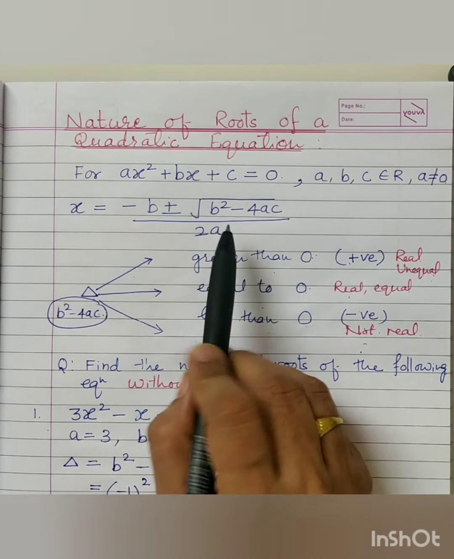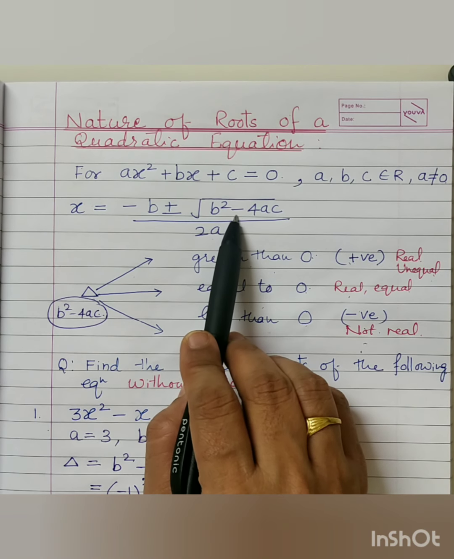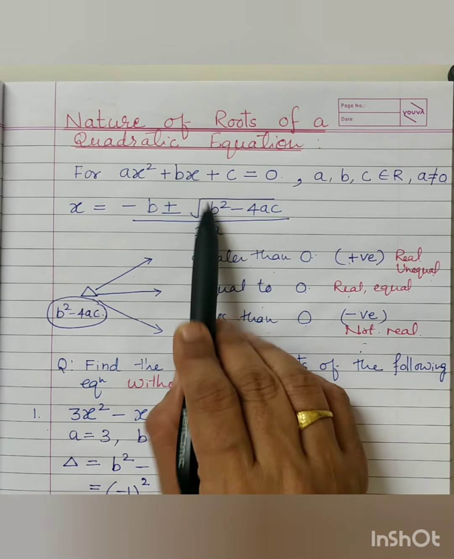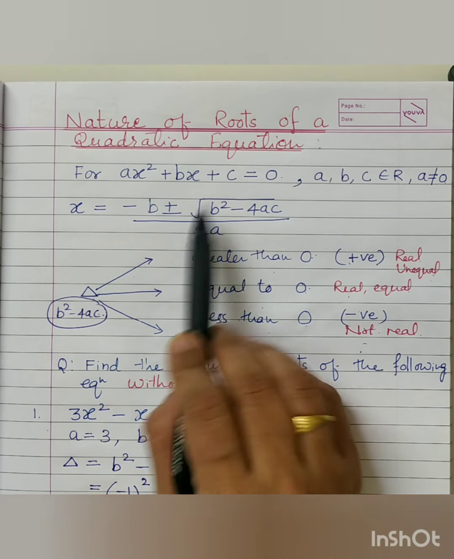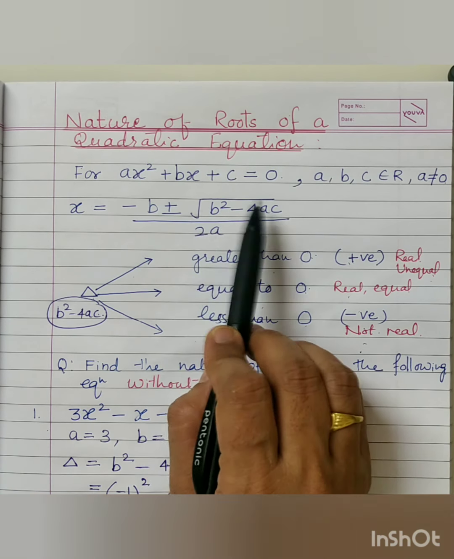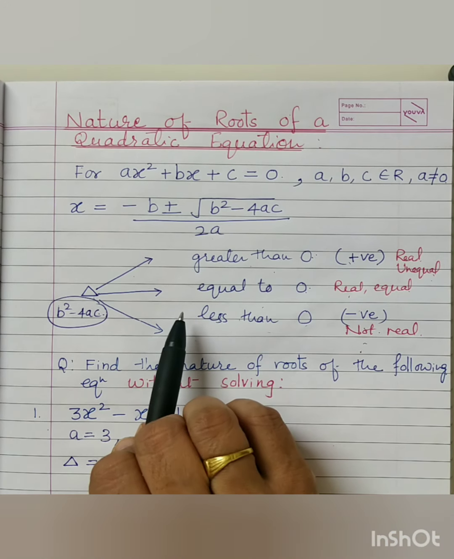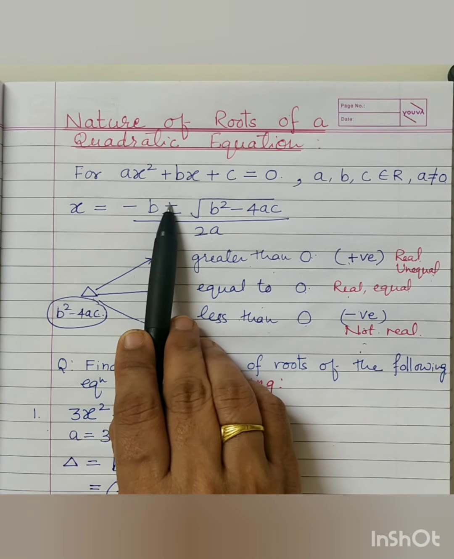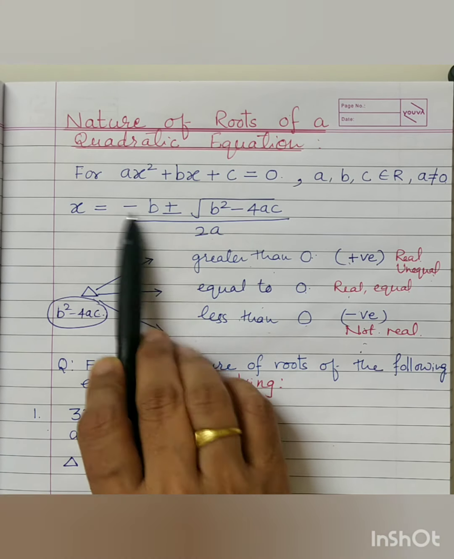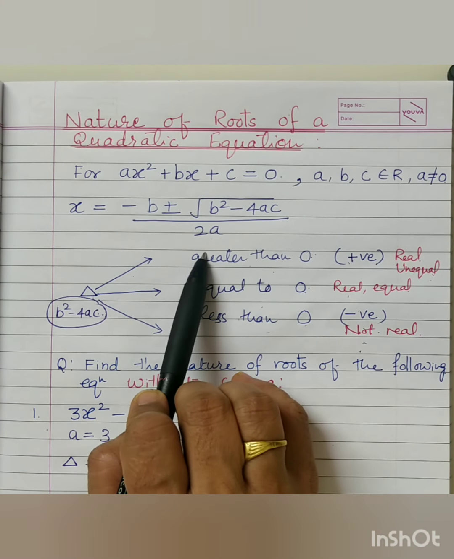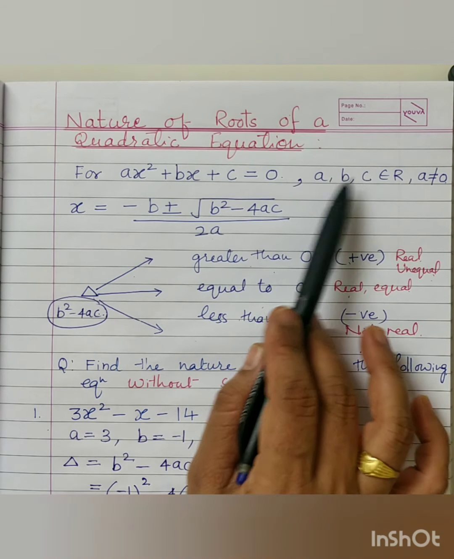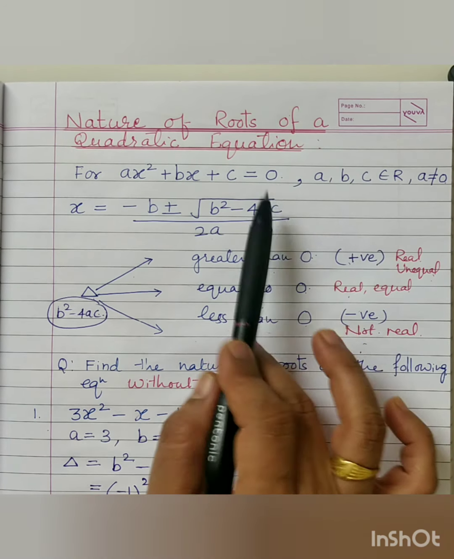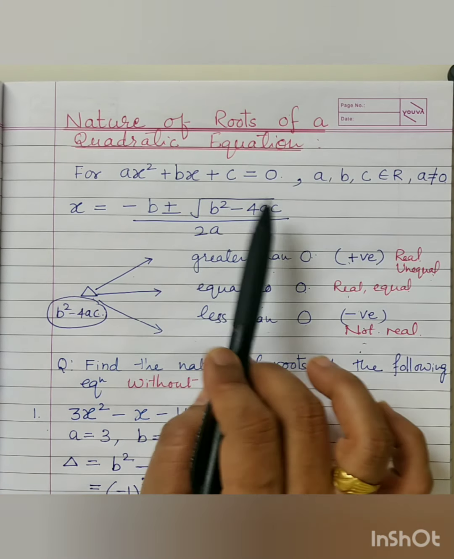So, if the value of delta is a perfect square, then you can find its square root. And the square root of this perfect square number will be what? A rational number, right? So with minus b, once you add the rational number, once you subtract the rational number, and you divide by 2a. So for the given values of a, b, c being real numbers, the answer will be a real number.